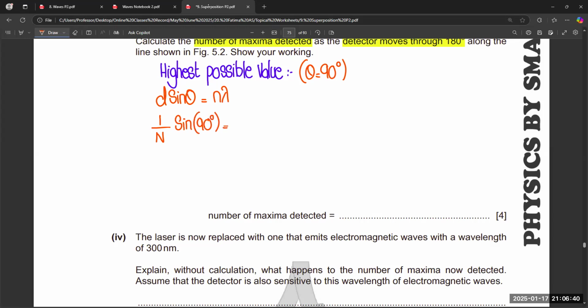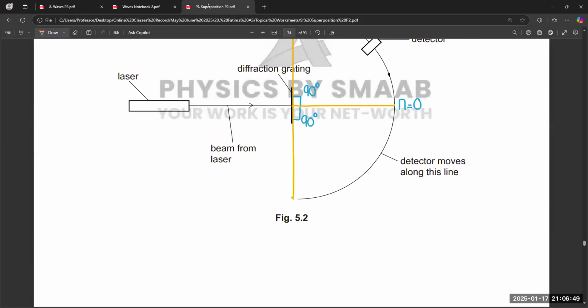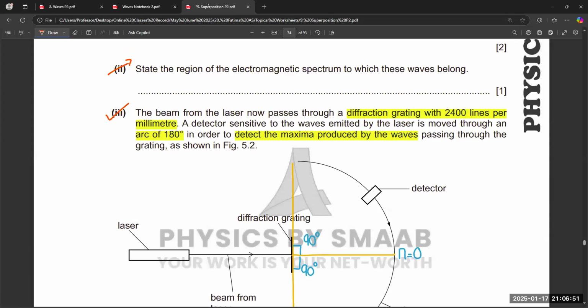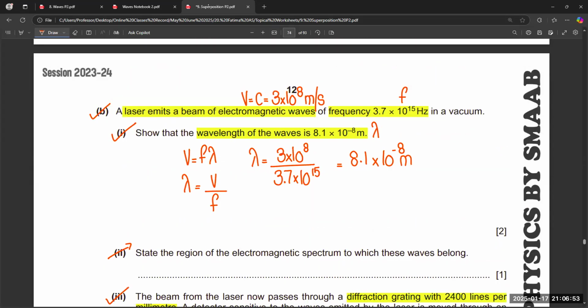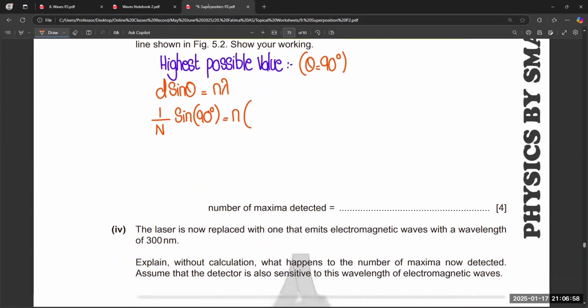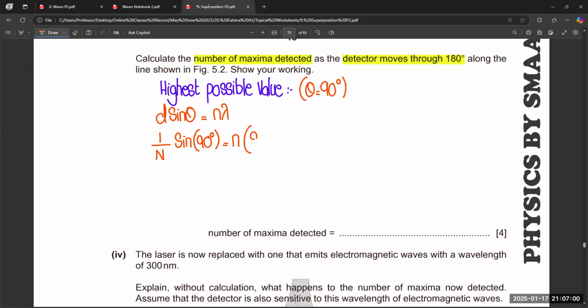Sine 90 times n is equal to unknown, because we are finding the order. Wavelength is given as 8.1 times 10 to the power minus 8. Okay, and the number of lines is 2400 per millimeter.